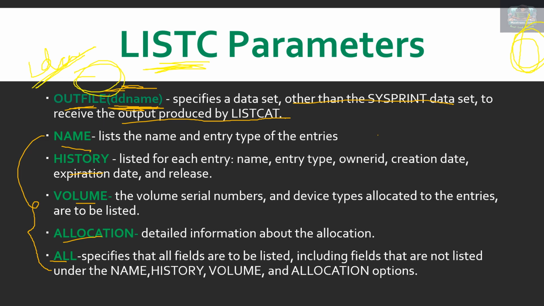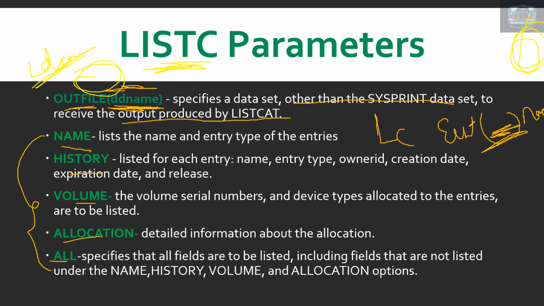The command will be LISTC ENT, then you open a bracket, and in this parenthesis you give the data set you want the data of, and you give NAME here. So when you give name, it will list only the catalog to which it is allocated. Only 2 lines of output you will get, meaning its name and the catalog it is associated with.